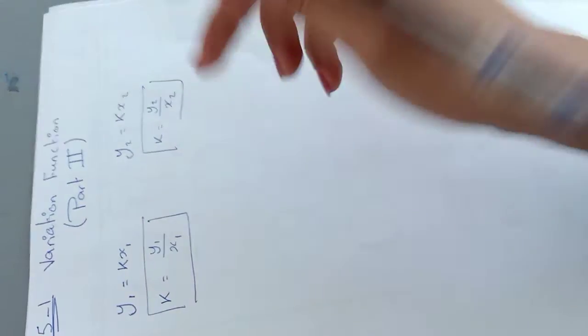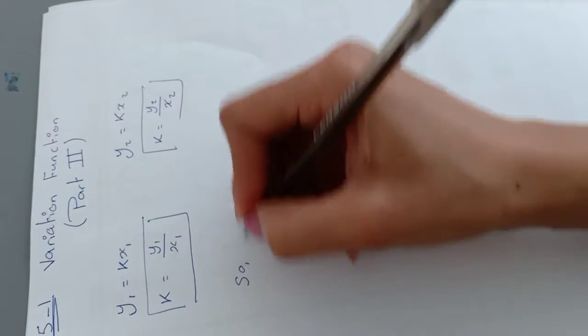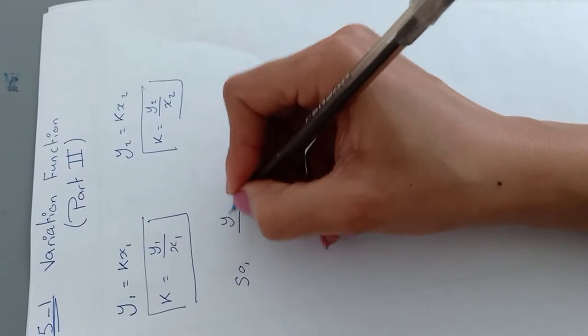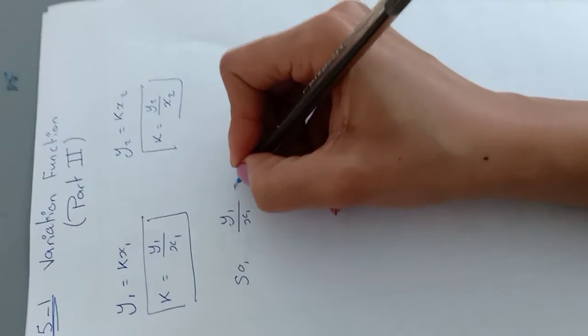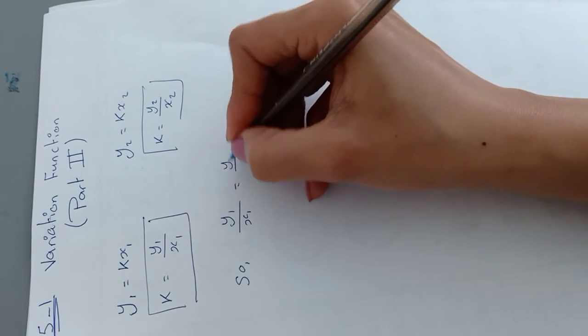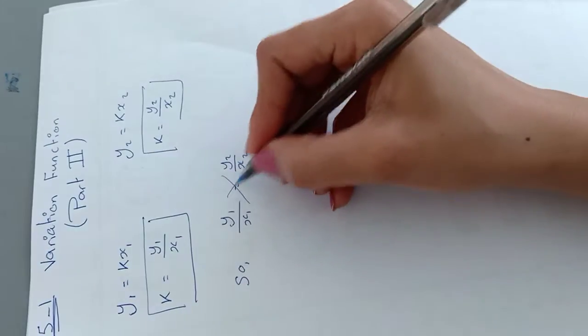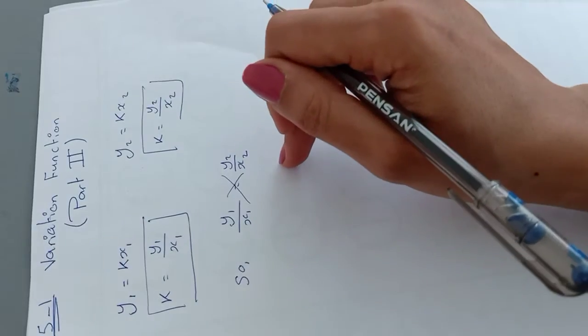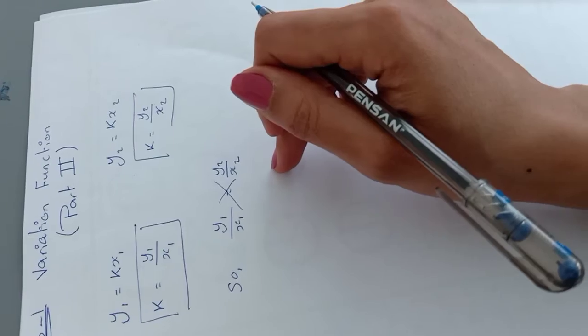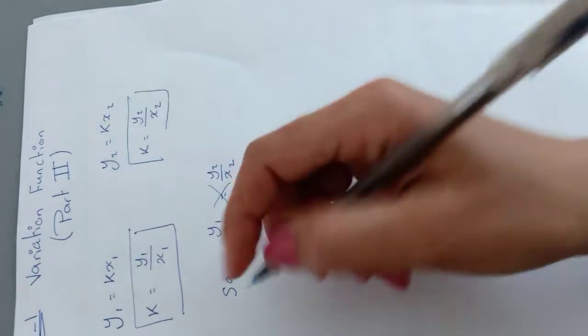Okay, so from this result we can say that y1 over x1 is equal to y2 over x2. And then we can use cross multiplication to find the missing value. Right, look at this example.